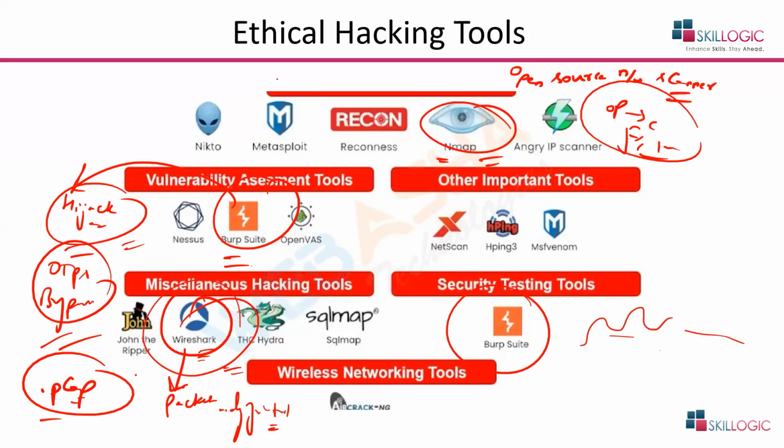We also have one of the best tools, the Metasploit framework. It's an open source tool designed by Rapid7 Technologies. It is one of the world's most used penetration testing frameworks, and it comes packed with a lot of exploits.